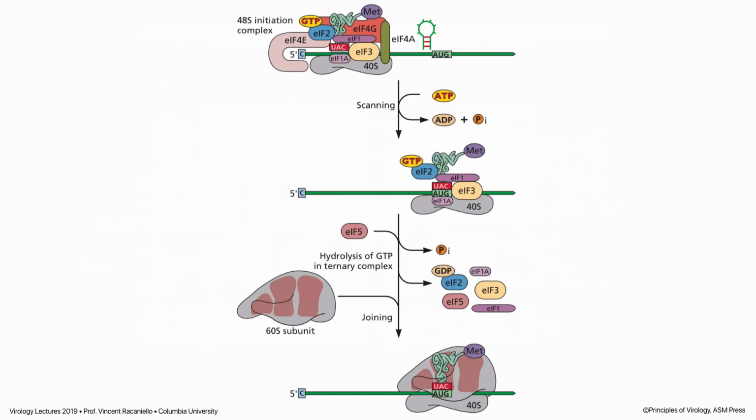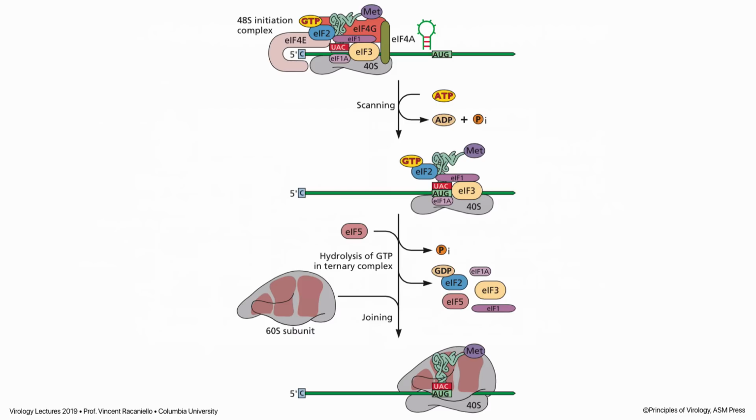When an AUG codon is found, a series of these initiation proteins are released. The initiator tRNA is placed at the initiation codon. The 60S subunit then comes in, and that signals the initiation of translation. Now you have the first tRNA placed there with its Met amino acid on it.